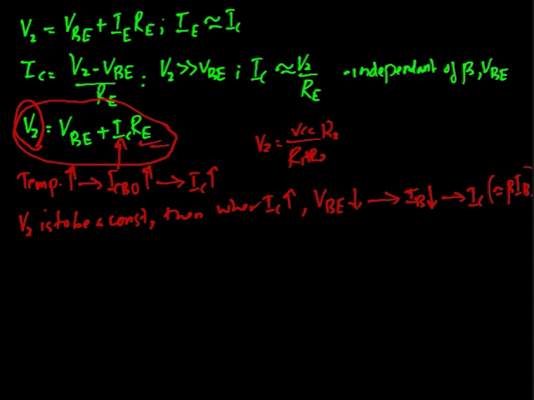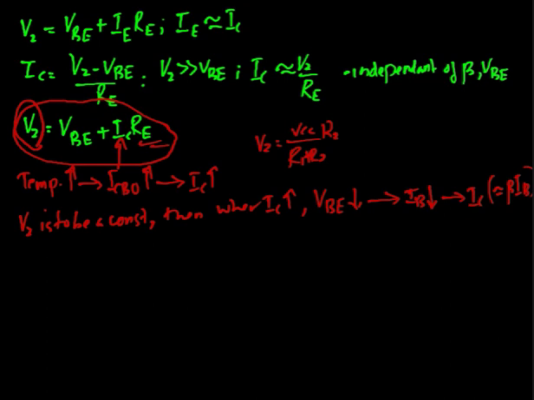So we can say that the increase in collector current due to temperature increase is compensated by the decrease in base current due to the decrease in the base emitter voltage of the transistor.